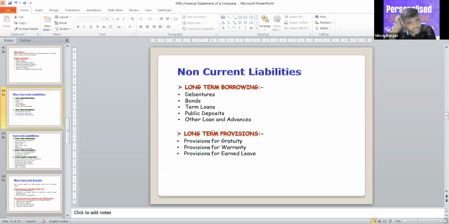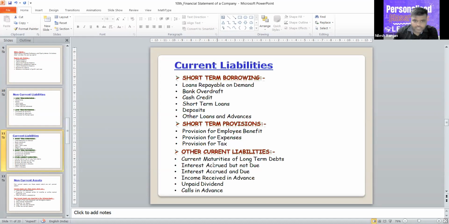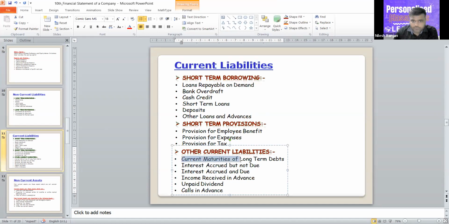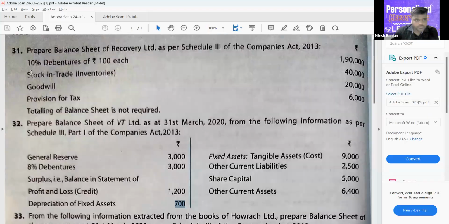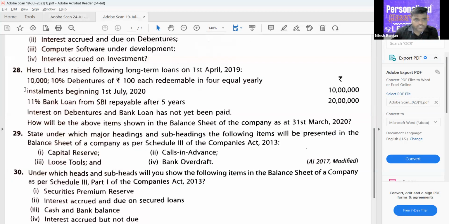You can see in non-current liabilities, in current liabilities, current maturities of long-term debts means the long-term debts which are payable within 12 months will be shown under other current liabilities. And interest accrued and due is also in other current liabilities. So their interest will be shown in current liabilities, other current liabilities.